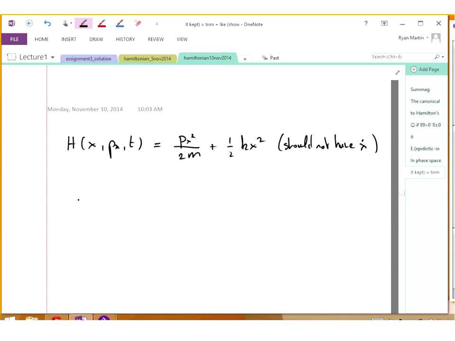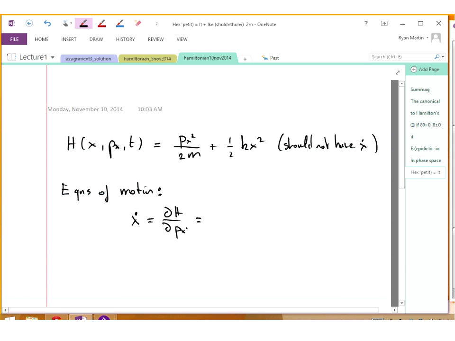Alright, so the equations of motion are obtained from Hamilton's canonical equations. Hamilton's canonical equations tell us that x dot is equal to ∂H by ∂Px.